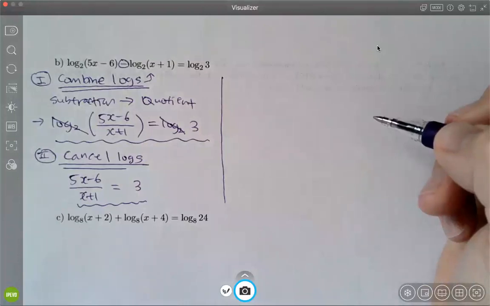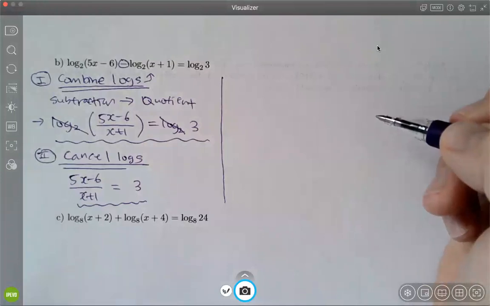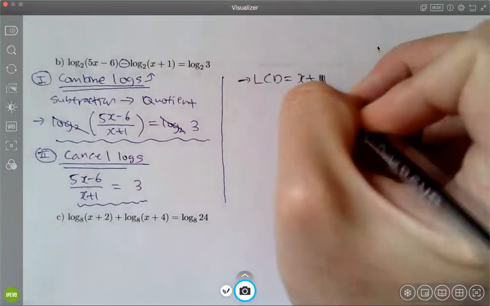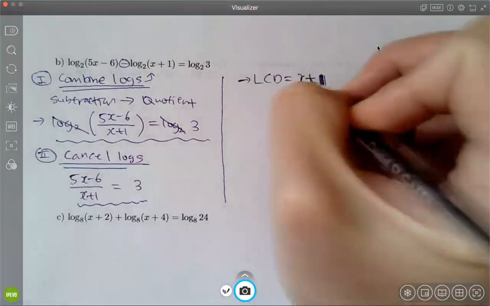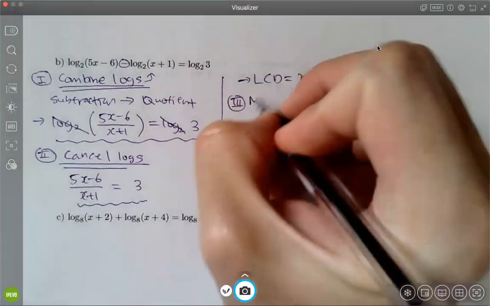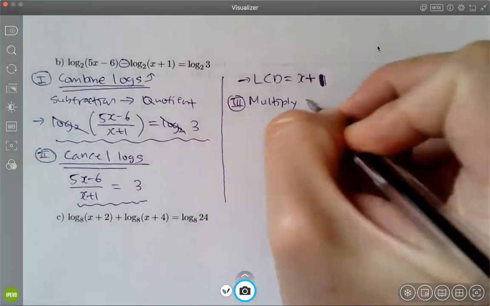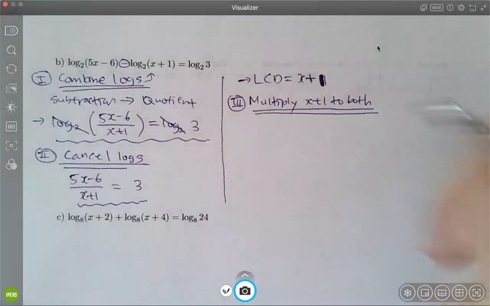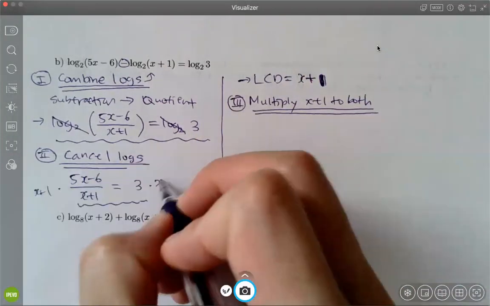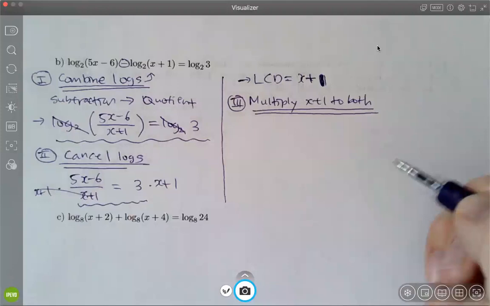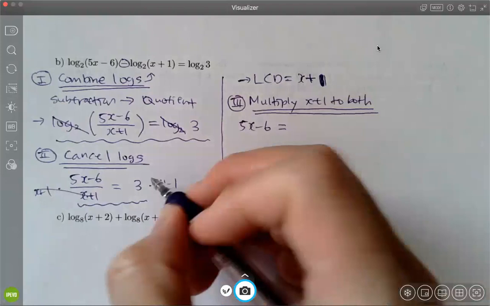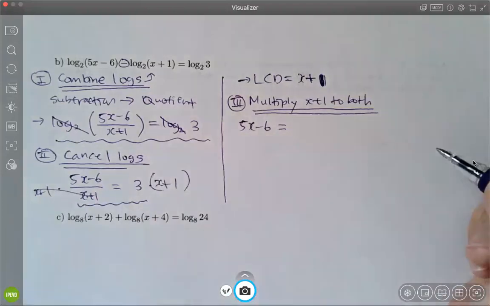We have a fraction, so we have to somehow remove it, and that means we need the LCD. Here the LCD is x plus 1, so we multiply x plus 1 to both sides. These two cancel, and we have just 5x minus 6. The right-hand side is 3 times the quantity x plus 1.